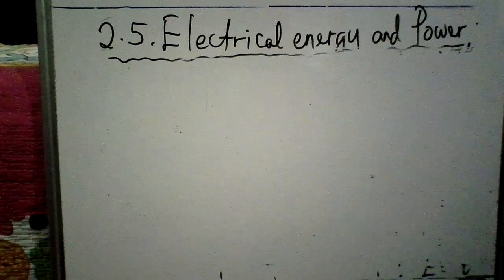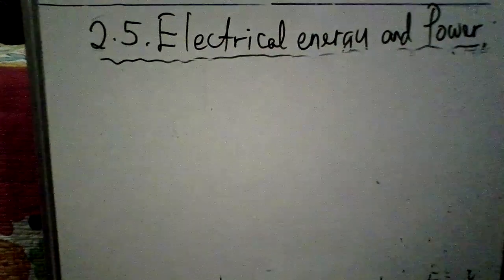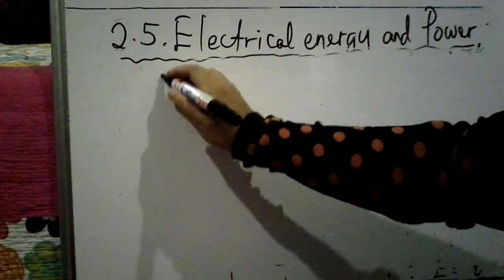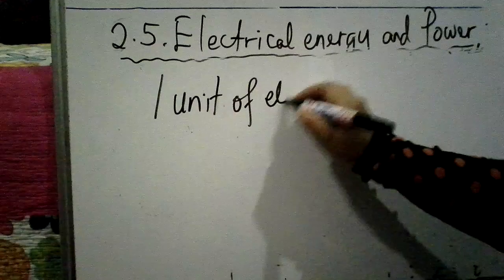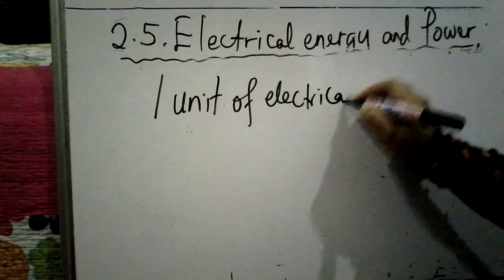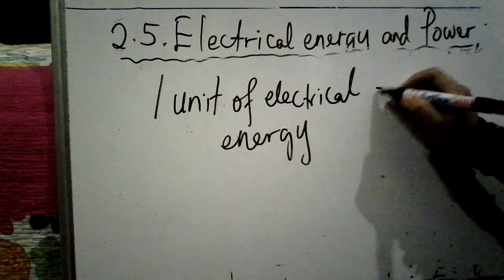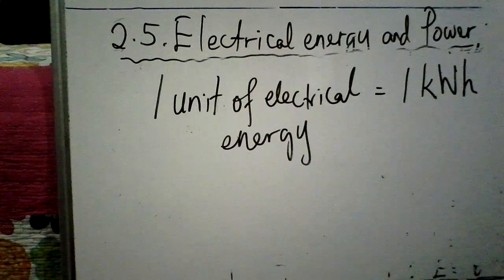In our country, we use the unit of kilowatt hour. 1 unit of electrical energy is equivalent to 1 kilowatt hour.